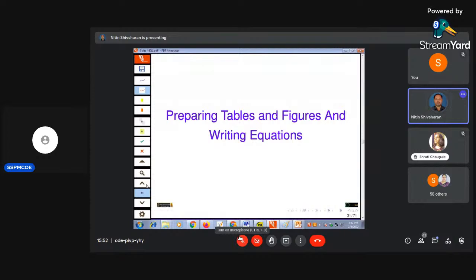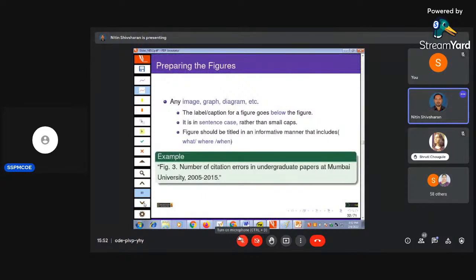Okay. Now, other components of your research paper are tables, figures and equations. So how to prepare the figures, how to prepare a table, and how to write an equation. Figures are images, graphs, diagrams, etc. We have to give a name to the figure, which is called a caption.